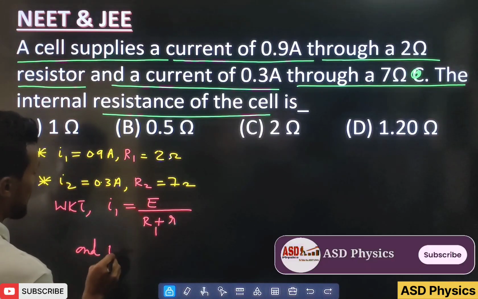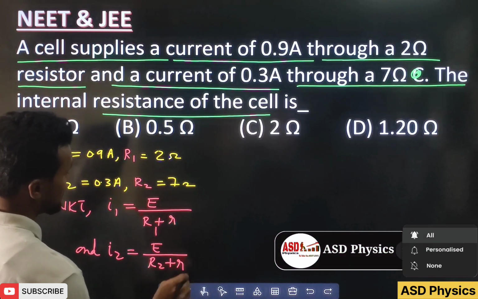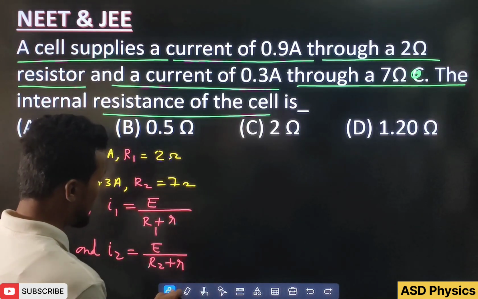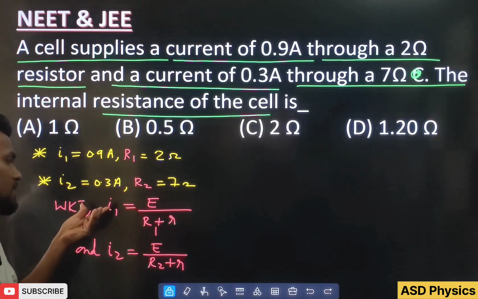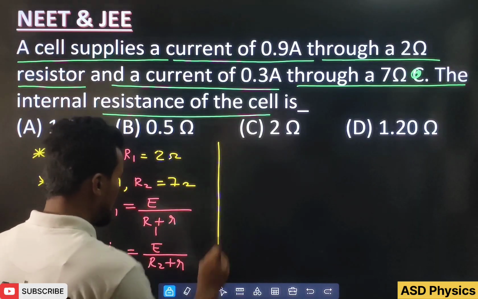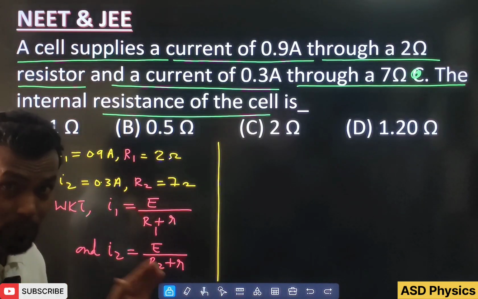And students, what is I2? I2 is given by E by R2 plus small r. Discharging situation is there. E and small r are fixed, and only the load is changing. So when the load changes, what will happen? When R1, current I1. When R2, current I2. Load resistance is given. So what can we write here, students? Both the sides we are going to equate capital E, because capital E is the same only.